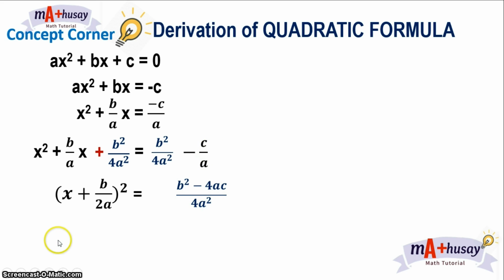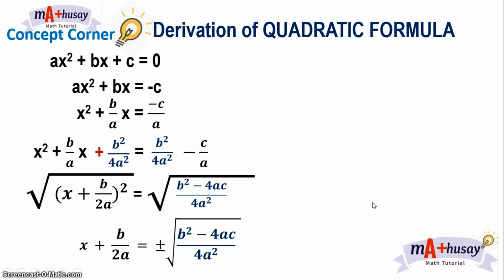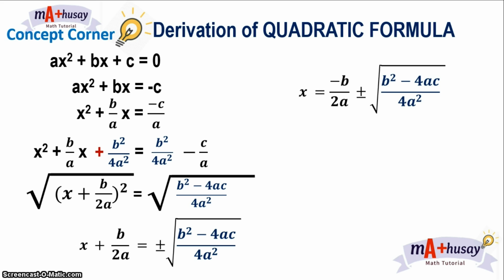Now we get the square root of both sides of the equation. You will have x plus b over 2a equals positive or negative square root of b squared minus 4ac all over 4a squared. Now we can simplify the 4a squared on the right side of the equation. So to find the value of x, we add negative b over 2a to both sides of the equation.